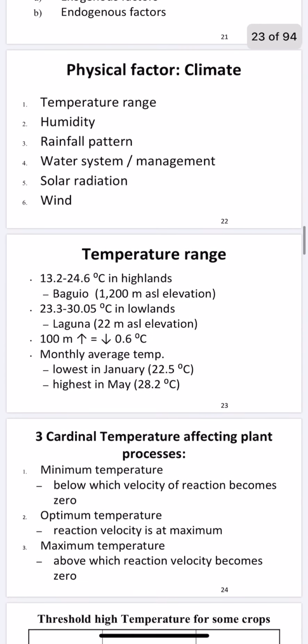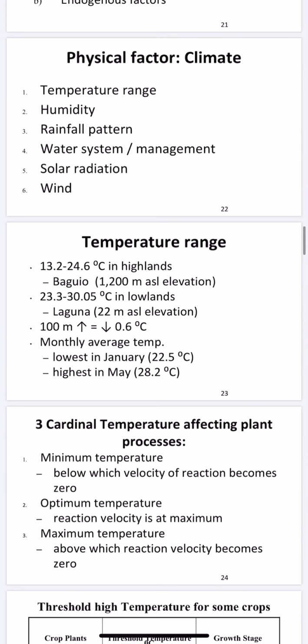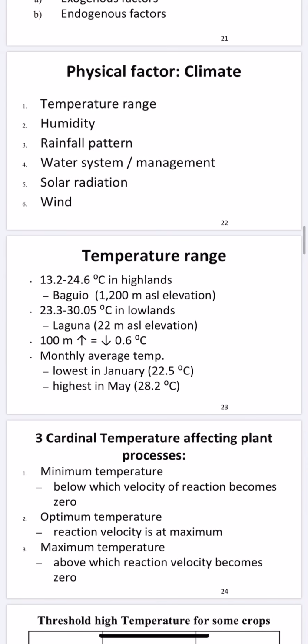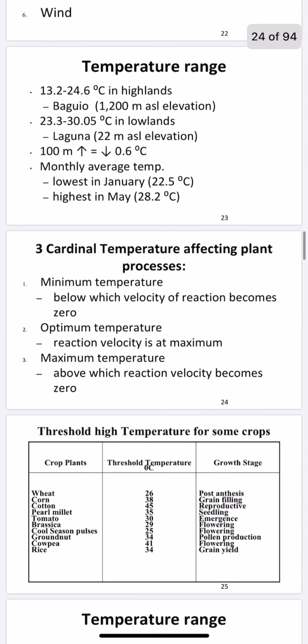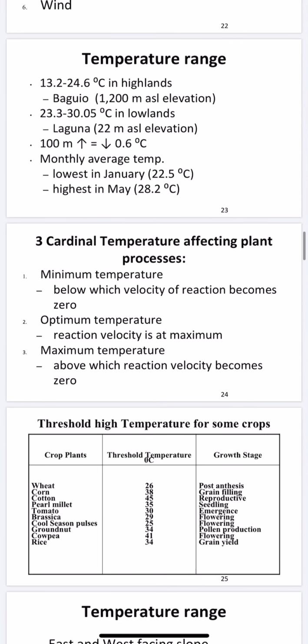So let's start with physical factors like climate. This includes temperature range, humidity, rainfall pattern, water system and management, solarization, and wind. For the temperature range, usually the temperature range in the highlands ranges from 13.2 to 24.6 degrees Celsius, like in Baguio, with an elevation of 1,200 meters above sea level.